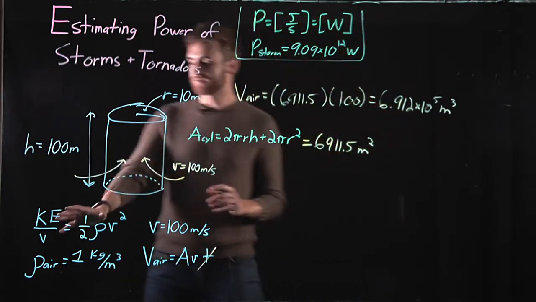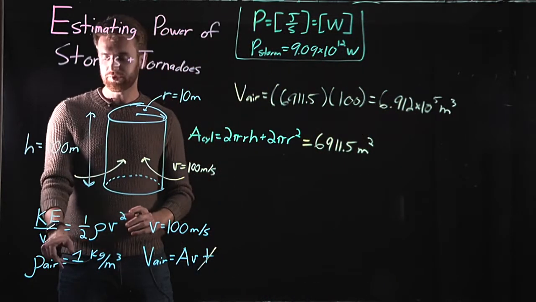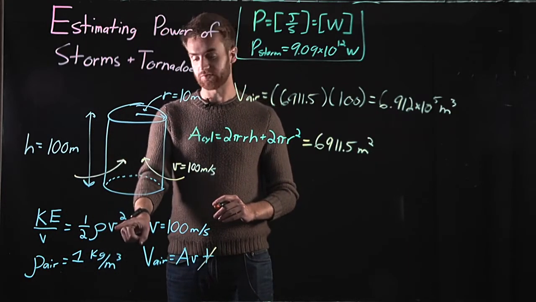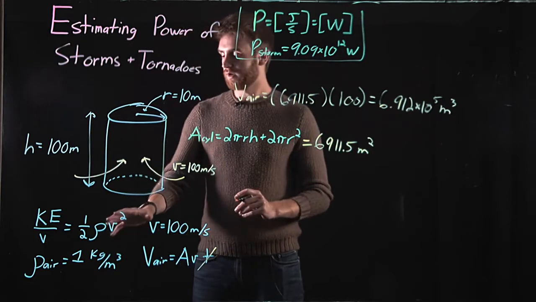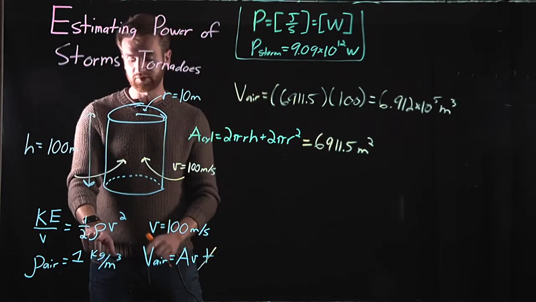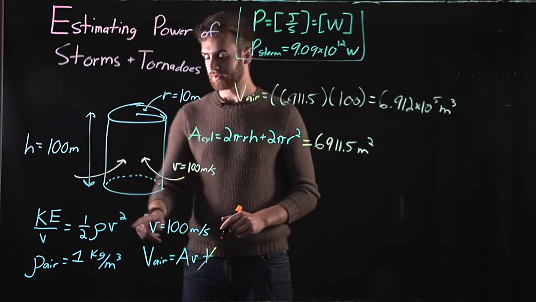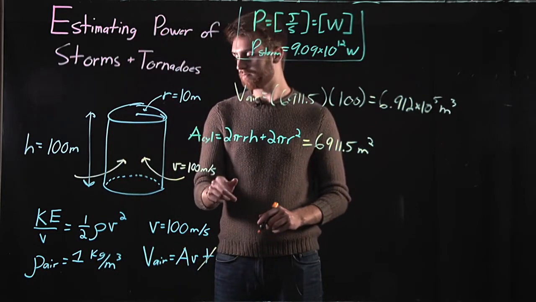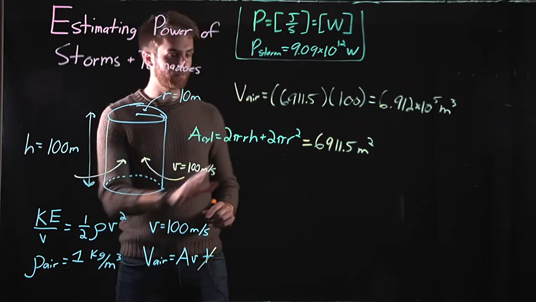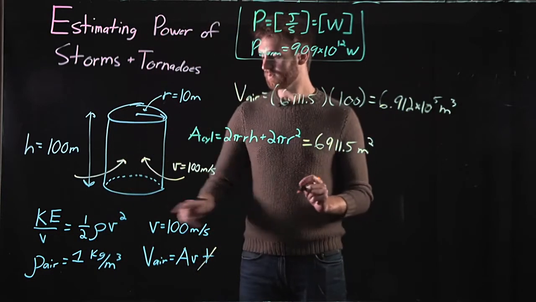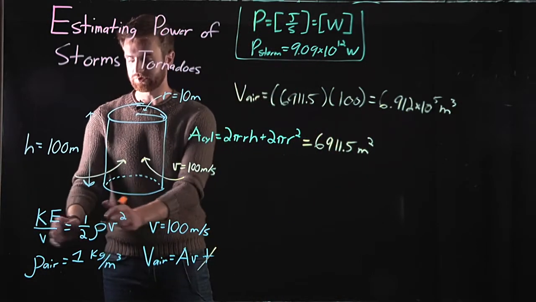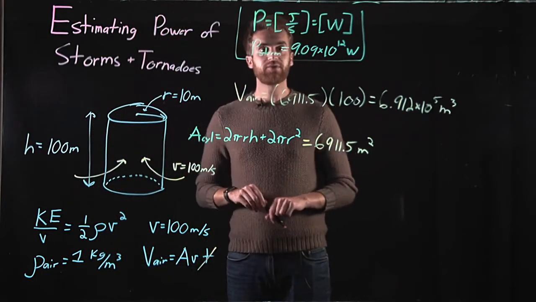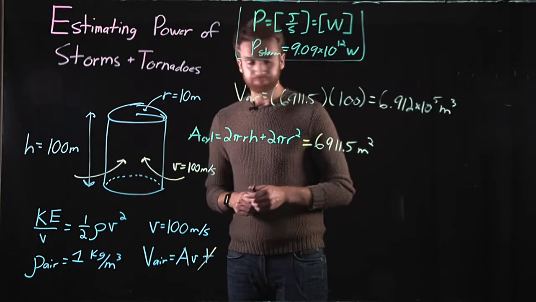All right, so kinetic energy per unit volume is just 1/2 density times velocity squared. So we know the density, it's just 1 kilogram per meter cubed. We know the wind speed velocity, it's 100 meters per second. And we now know the volume of air. So this, just multiplied by the volume, gives you kinetic energy, which has units of joules.